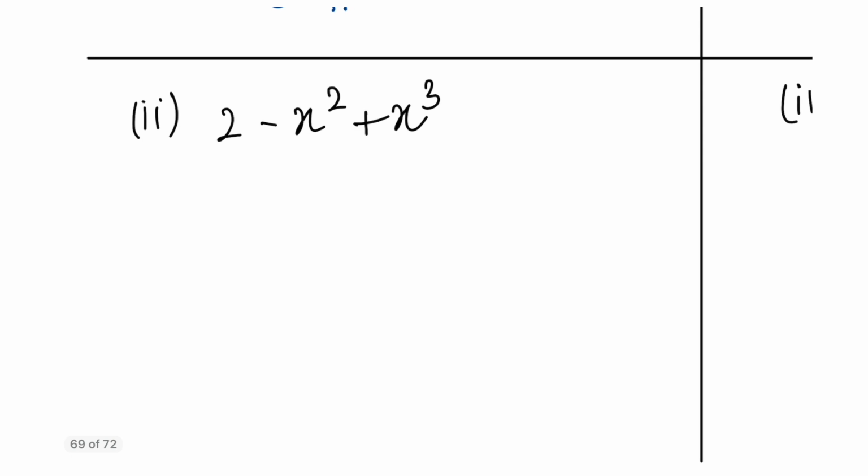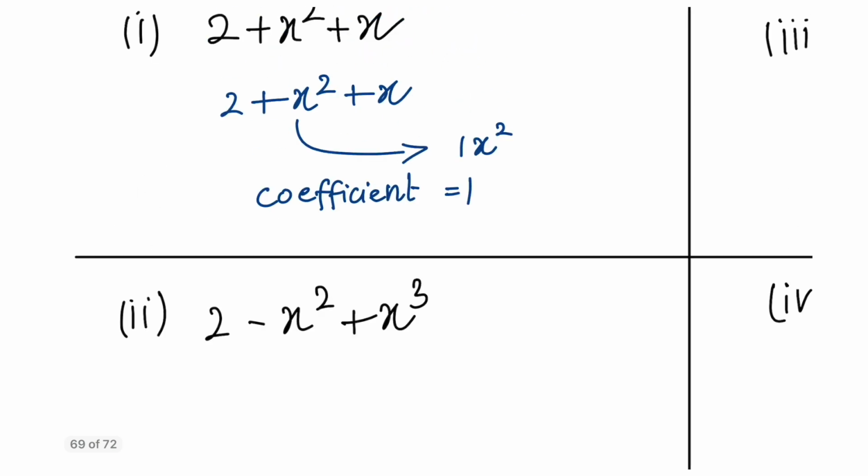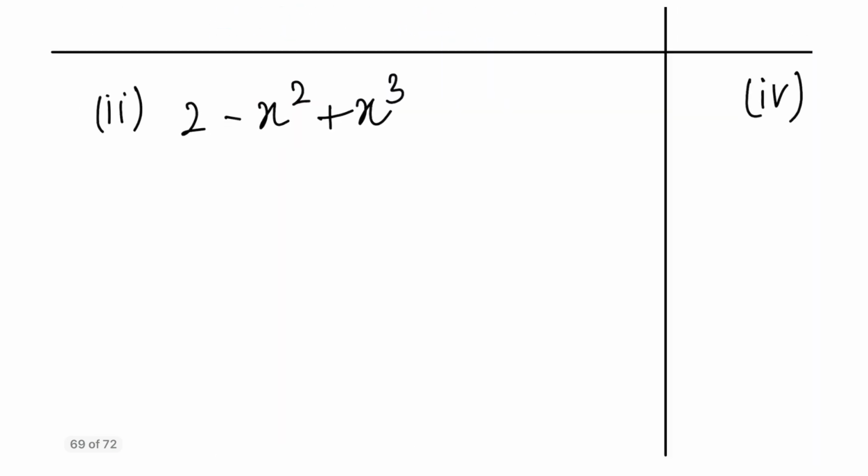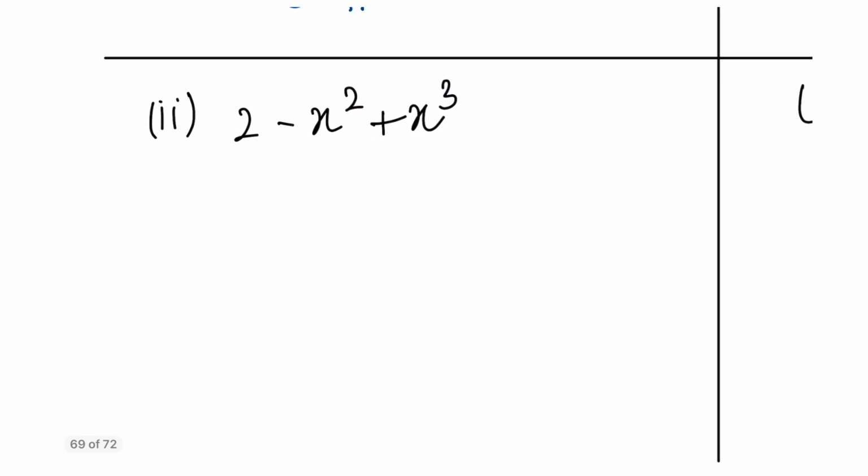Here we have, so this is a slight variation to that question, right? You must be careful to answer this question because many people get this wrong. Okay, so here the polynomial is 2 minus x squared plus x cube. Please have this in mind. It's 2 minus x squared plus x cube.